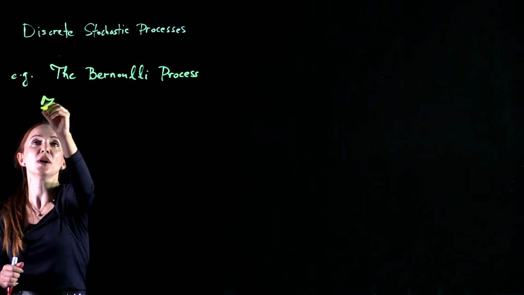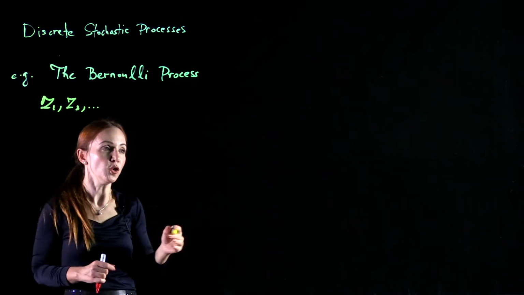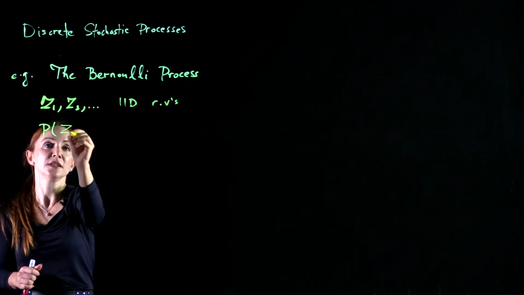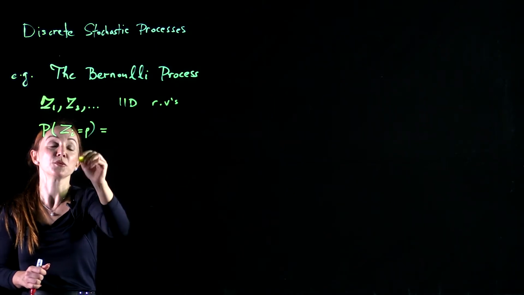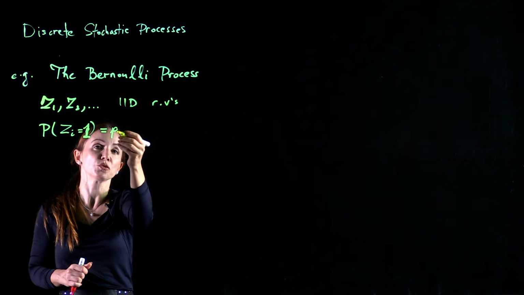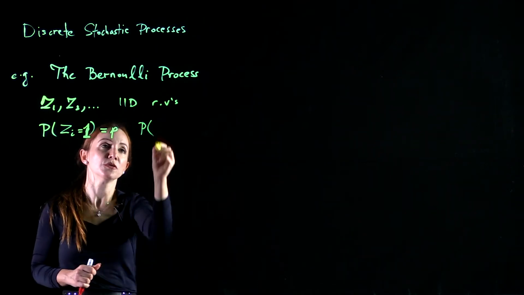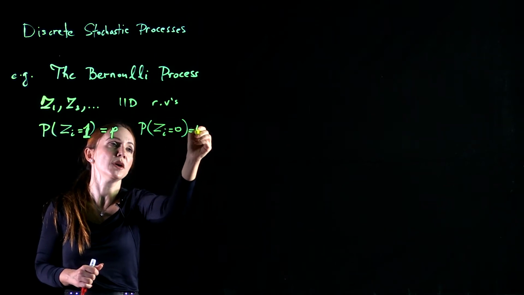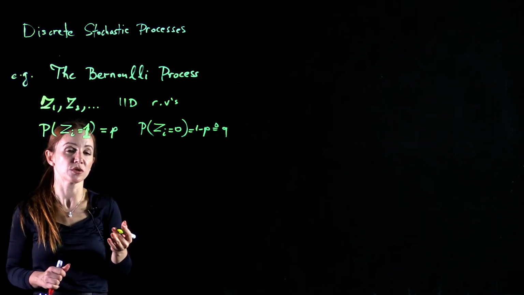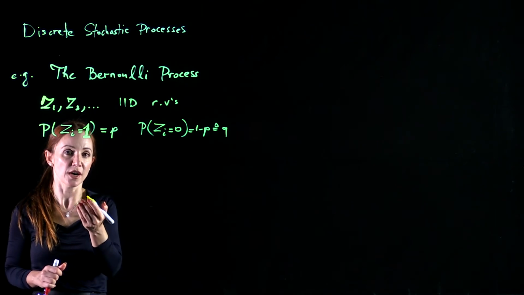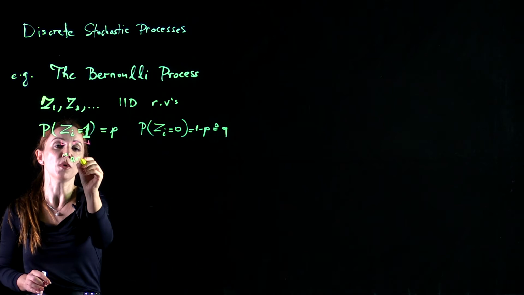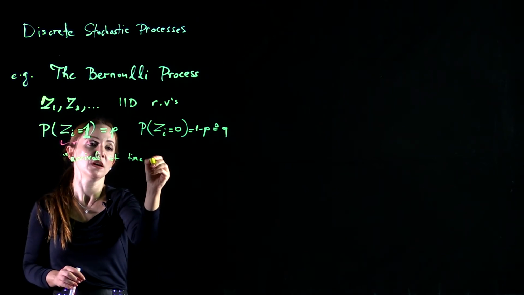So let Z1, Z2, and so on be IID Bernoulli random variables, such that the probability that Zi is 1 is given by some P, and the probability of Zi being 0 is 1 minus P, which we can call Q. Okay, so we are essentially talking about the time index i, and if Zi is 1, we say that there has been an arrival at time i.